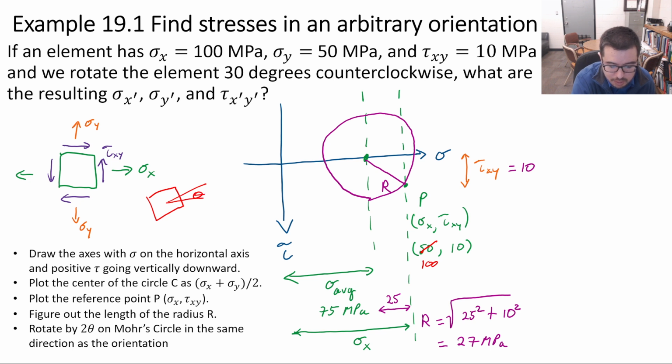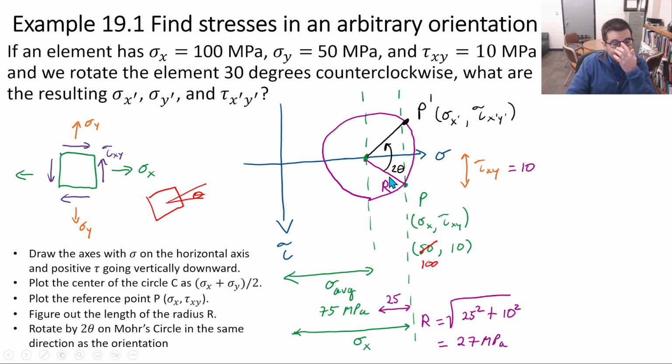And this is angle theta. That's rotating 30 degrees. On Mohr's circle, it's going to be rotating 60 degrees. So what we need to do is apply a rotation of 2 theta. So we do that, and that will get us to a new location.